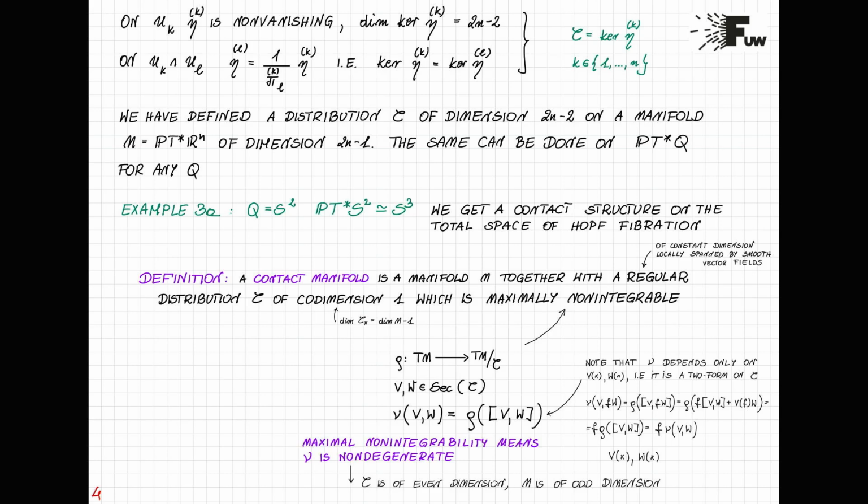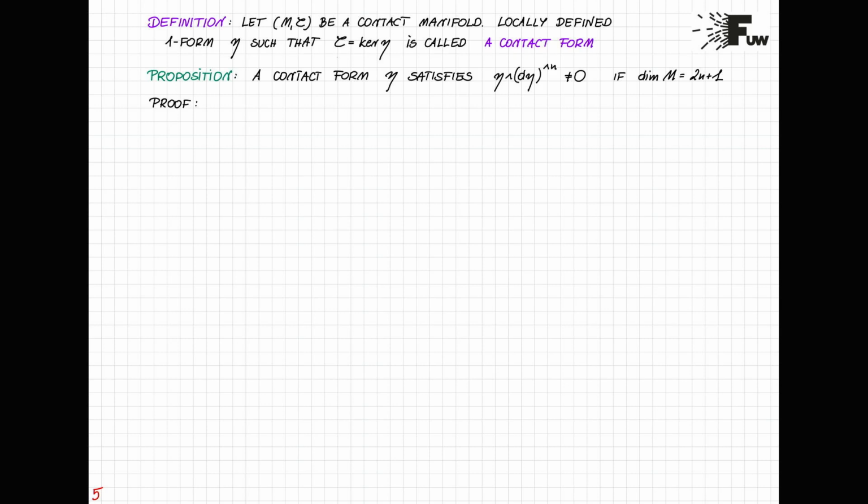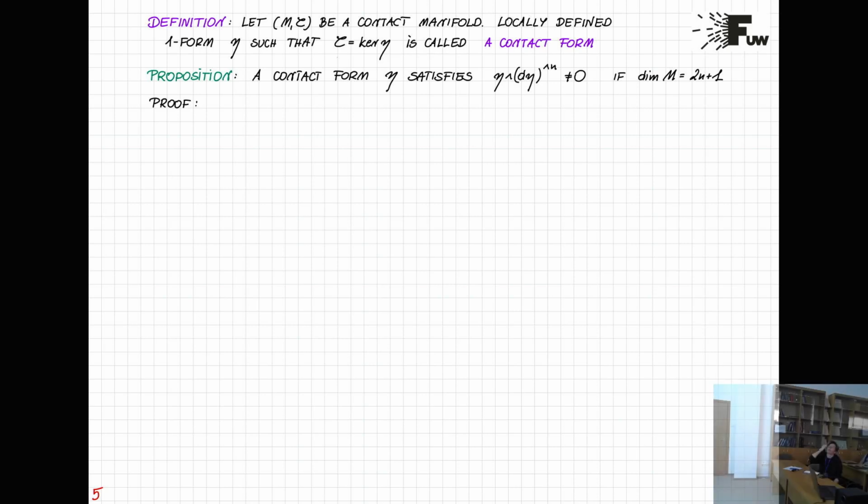I will try to convince you that contact geometry is a very special part of symplectic geometry, but it will come in a few minutes. First, let us see, in one example at least, we have seen that the contact distribution is a kernel of a globally defined contact form.